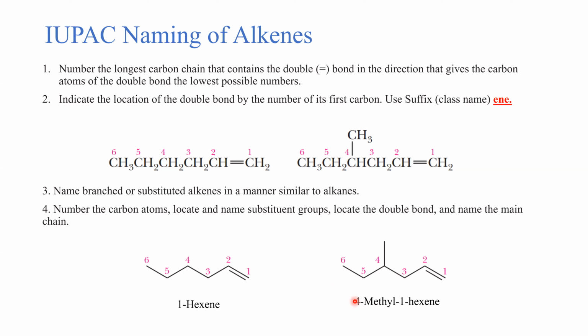So this is the 4, for mentioning that this is the 4th carbon where the methyl group is attached, and the methyl is a substituent. So we will write meth, which is for the 1 carbon group, right? So this is a CH3, and -yl is for mentioning that this is a substituent.